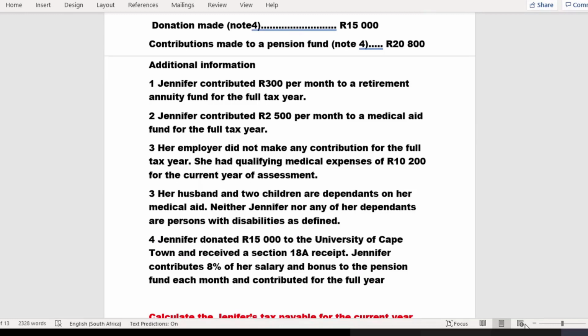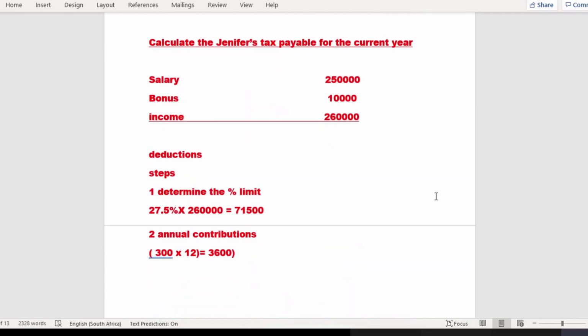Okay, so basically what you can do is show me the calculation: 8% of how much is the salary? 250,000 Rand, so you multiply it by 250,000 Rand, times 8, divided by 100.